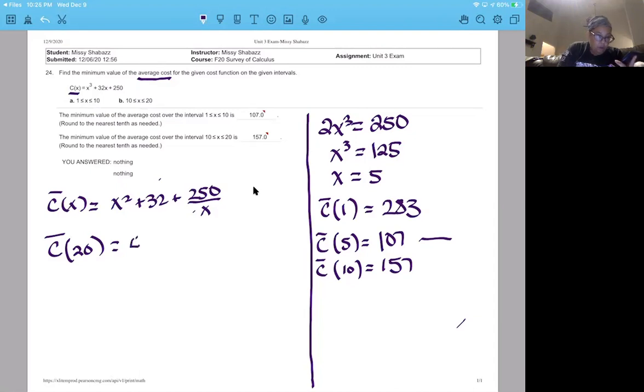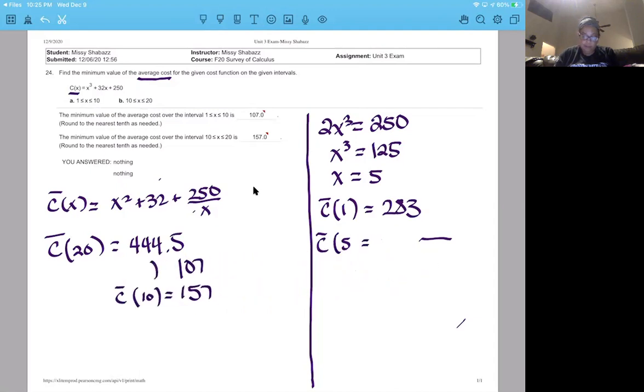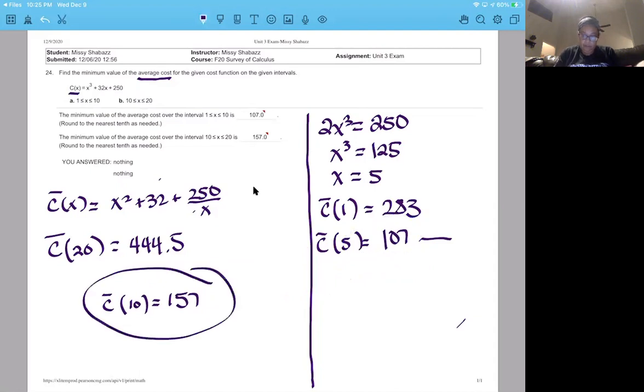All right, I get 444.5. So that means C of 10 is the smallest. So 157.